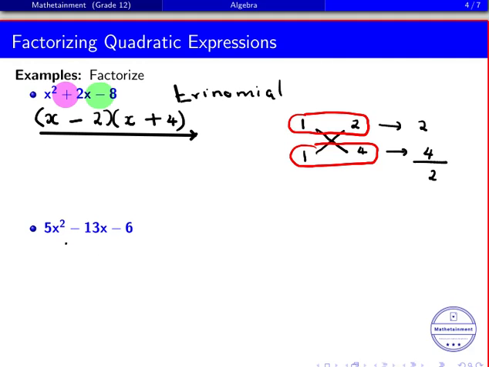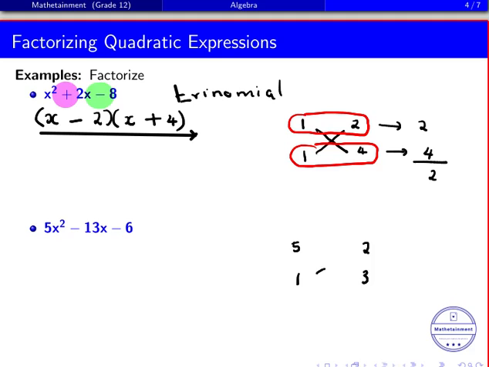Factorize 5x squared minus 13x minus 6. That's still a trinomial. It is a trinomial, so you want to employ your trial and error method. 5, I have two factors for 5. It's just 5 and 1. And then for 6, I can do 2 and 3.